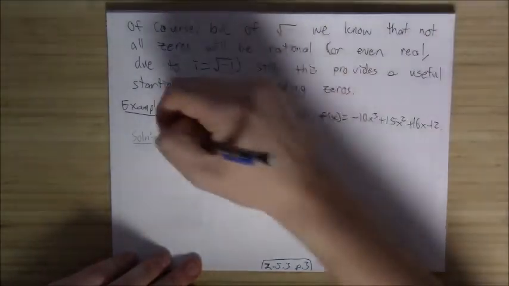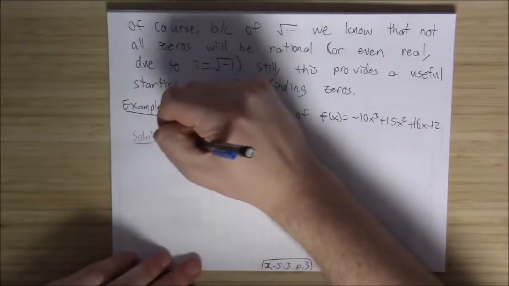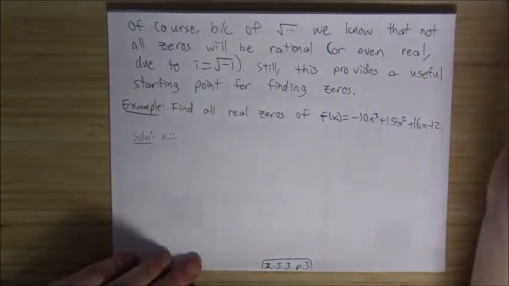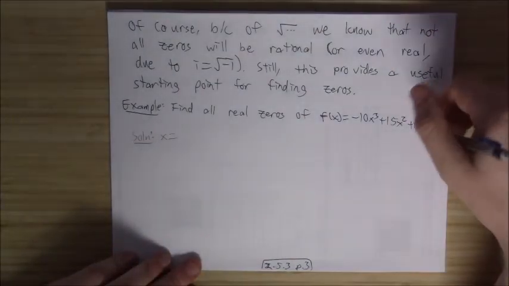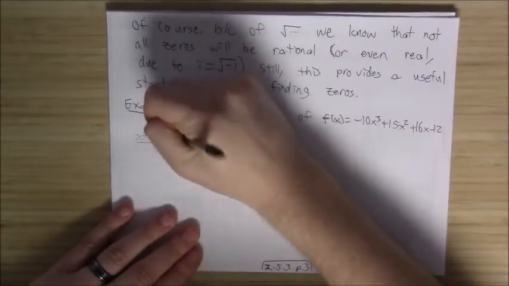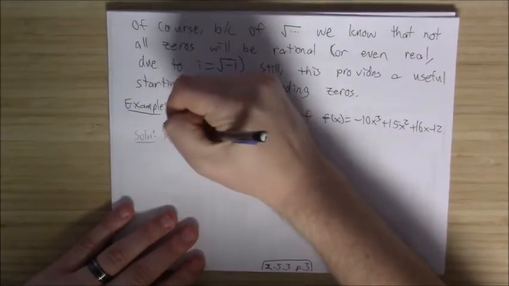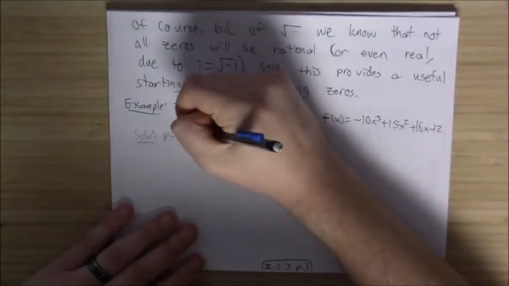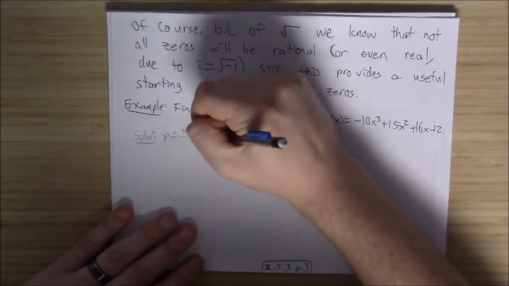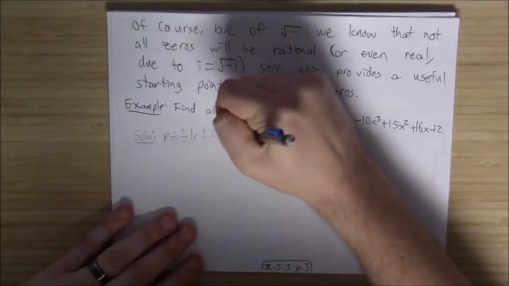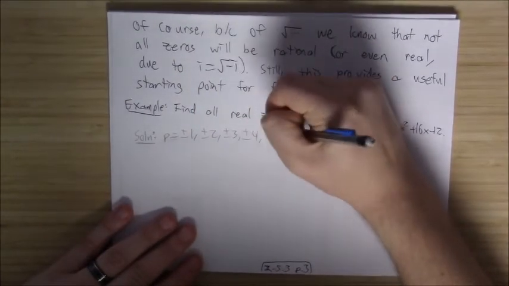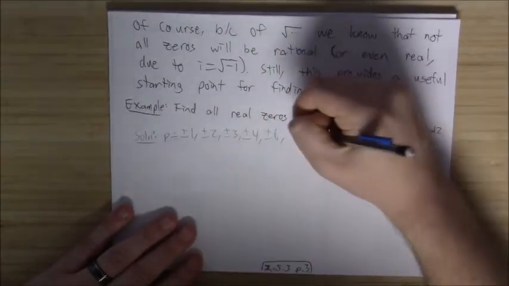Our list of possibilities are x equal to plus or minus p over q. What can p be? P could be plus or minus 1, plus or minus 2, plus or minus 3, plus or minus 4, plus or minus 6, and plus or minus 12.